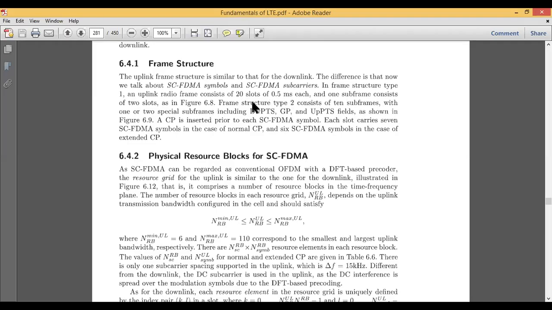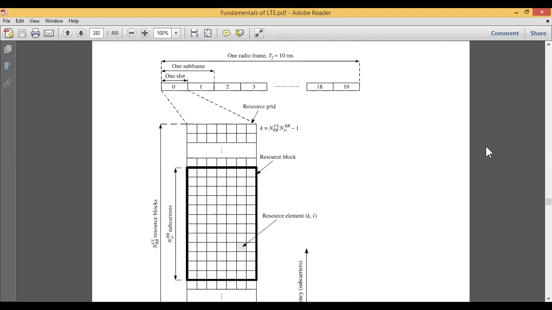Here we speak in terms of frequency division multiplexing, allotting frequency slots, or in terms of time. You need to divide the frame into multiple slots, assigning some amount of time to each. They are allotted 0.5 milliseconds each, and each subframe consists of 2 slots. This is shown in figure number 6.8.